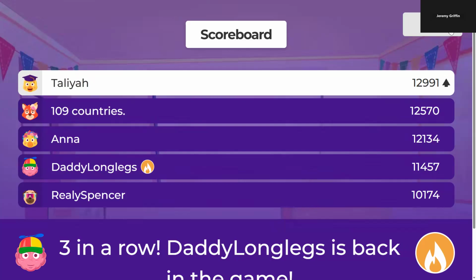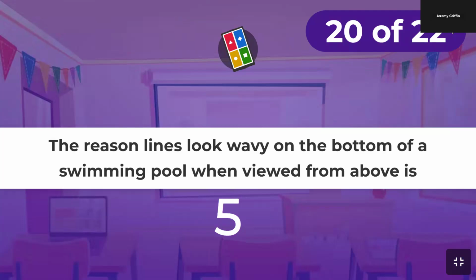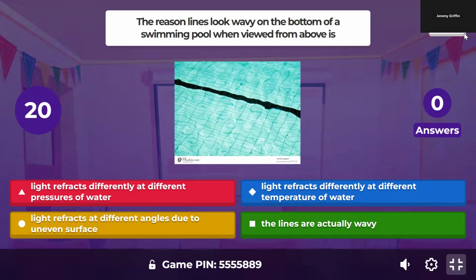Reason lines look wavy on the bottom of a swimming pool.